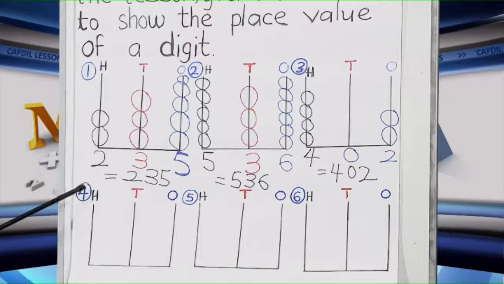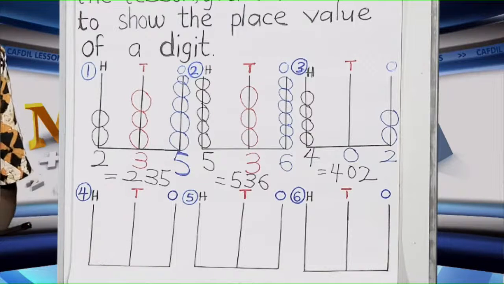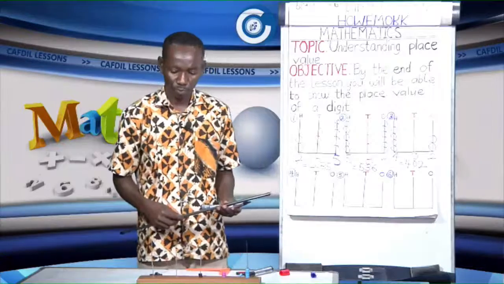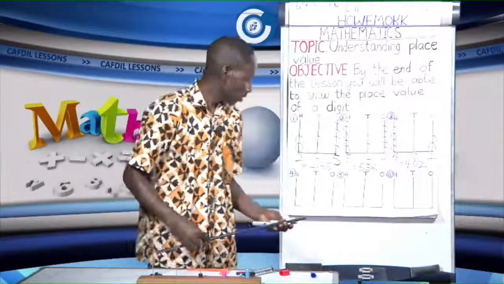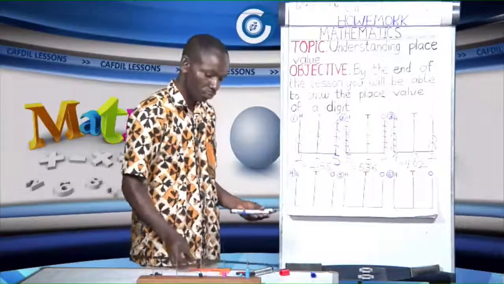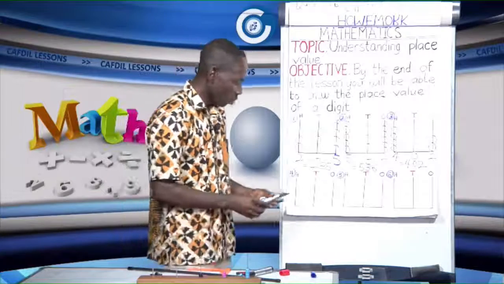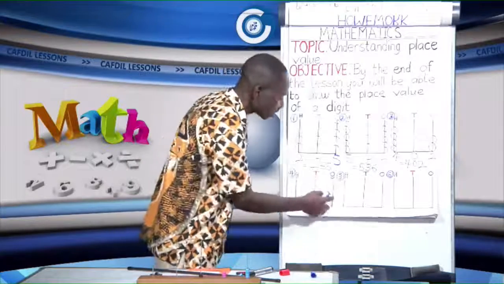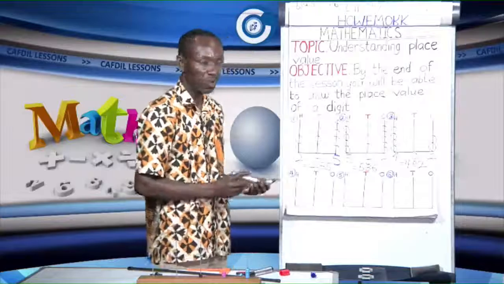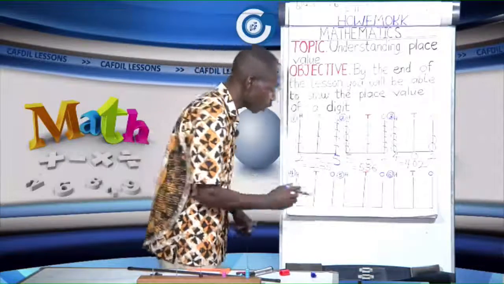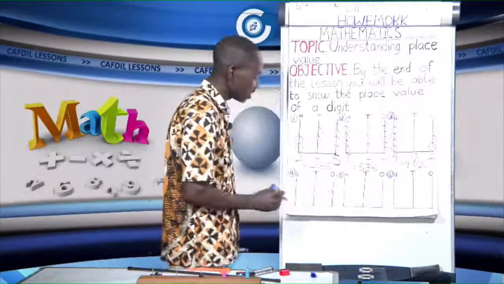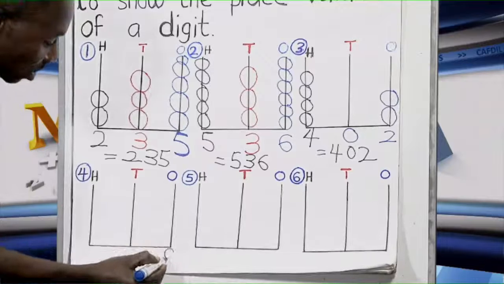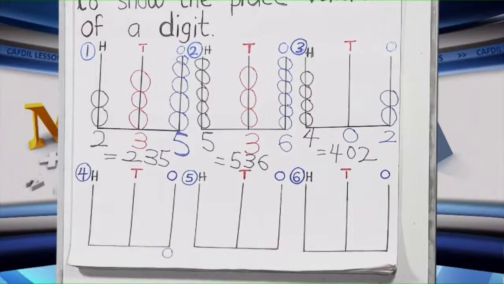Now, let's come to number 4. Now, for number 4, we are not going to put anything under ones. So if we don't put anything under ones, then we have 0.